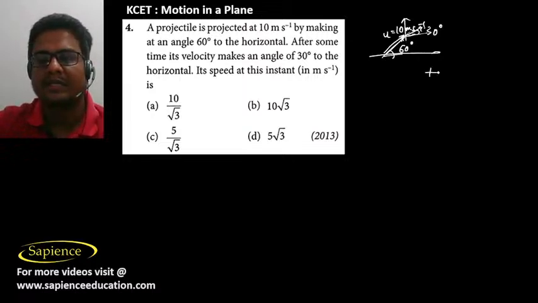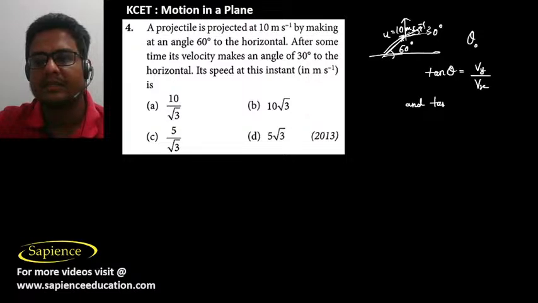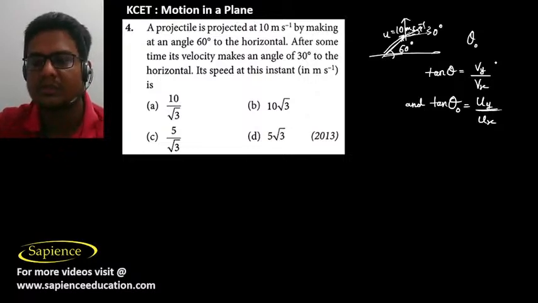So at that time tan theta we can say is equal to Vy by Vx, and let's say the initial angle is theta naught, then tan theta naught is equal to Uy by Ux. It means the y component of initial velocity by x component of initial velocity, and Vy by Vx means the y component of the final velocity divided by the x component of final velocity.